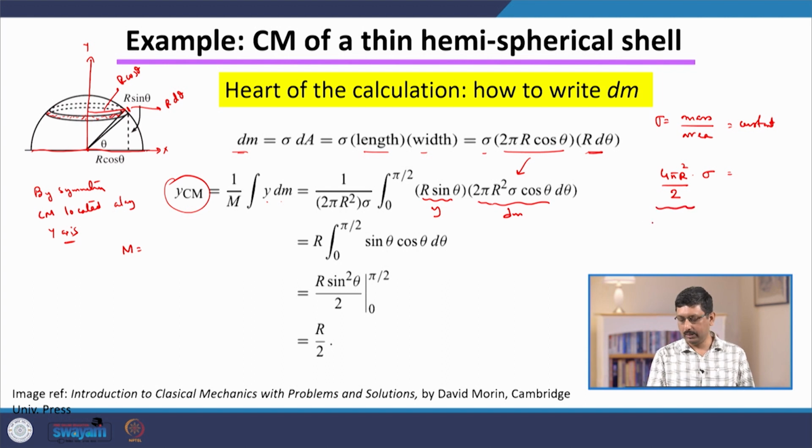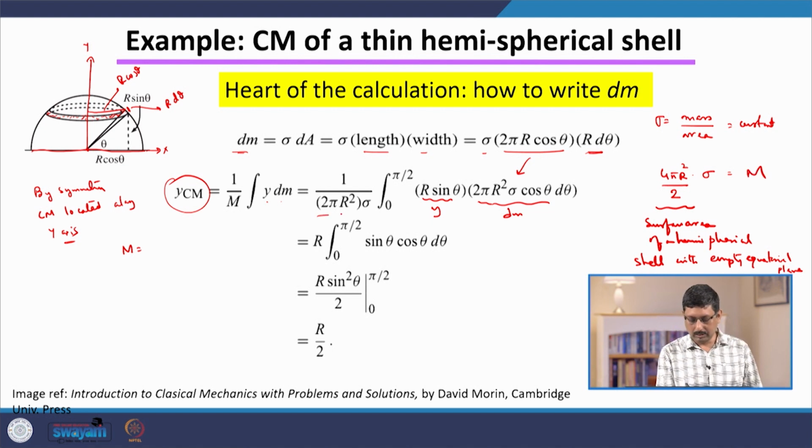So, the surface area of a hemispherical shell with empty equatorial plane is 2 pi r square, and so this is m.